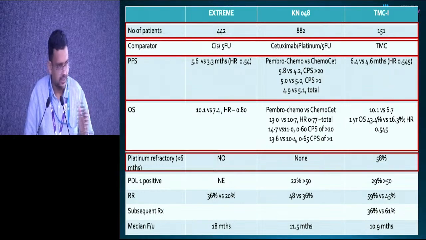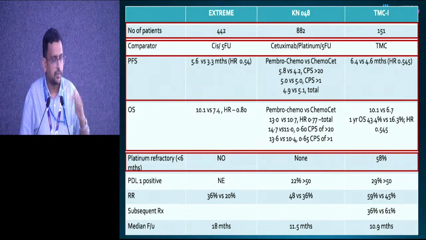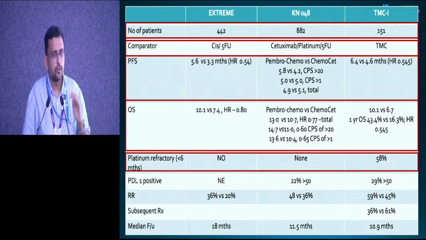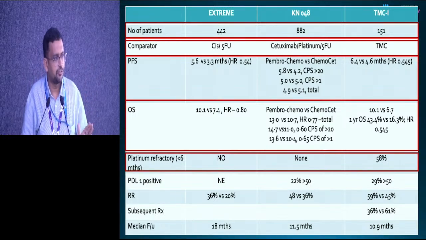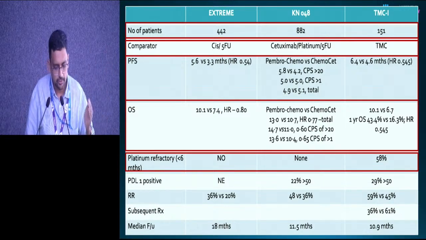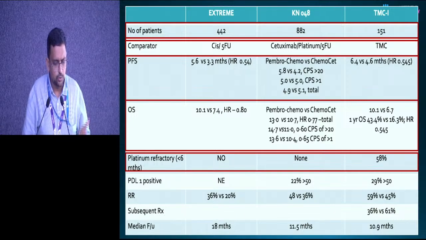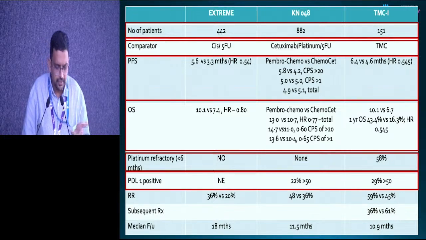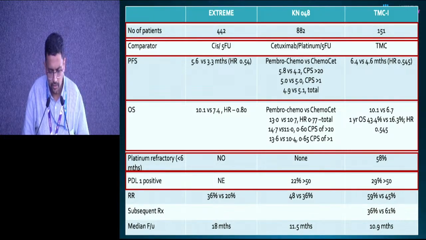It's good. It's almost as good as EXTREME, but not better than the full dose immuno with chemotherapy. Again, not to say that I don't like the low dose. I use it very frequently, but remember, it is not compared to the full dose immuno with chemotherapy. One reason could be the high number of platinum refractory patients in it, and potentially the PD-L1 numbers were slightly different, which we don't really know.